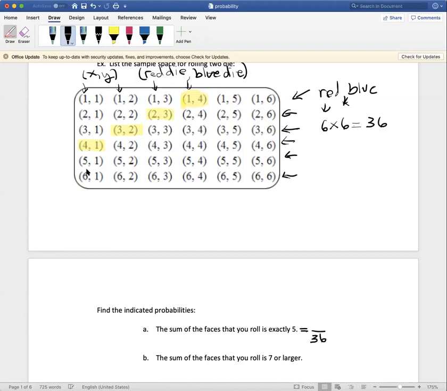Because we have a possibility of 36 outcomes or 36 simple events. And when you add together these guys over here, we have 4 out of 36. Well, 4 out of 36 is a fraction. If we take 4 and we divide it by 36 as a decimal, that gives us 0.11, rounded to 2 decimal places. And then as a percent, that's the same thing as saying 11%.